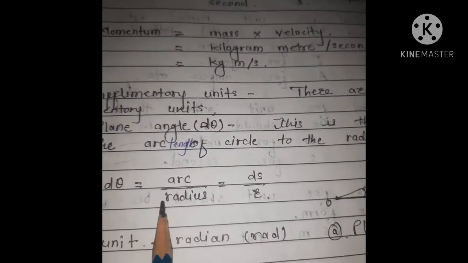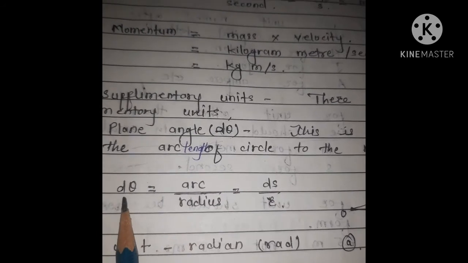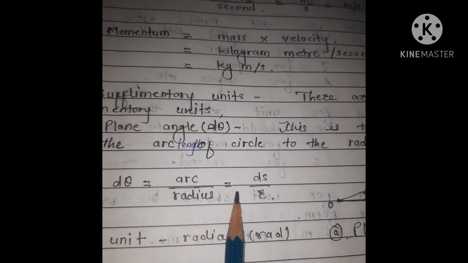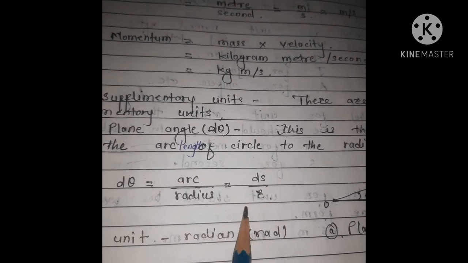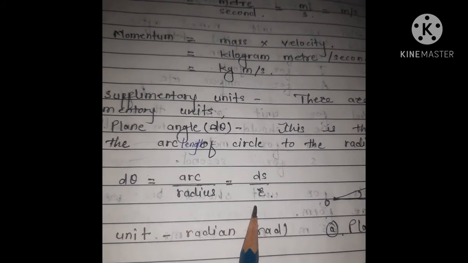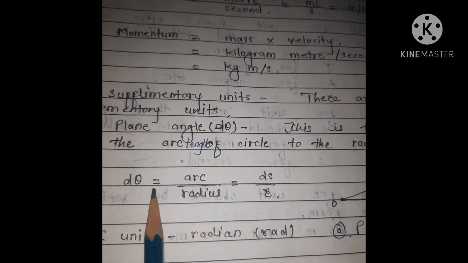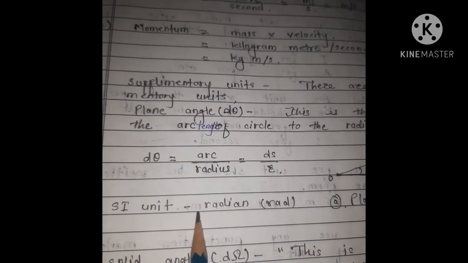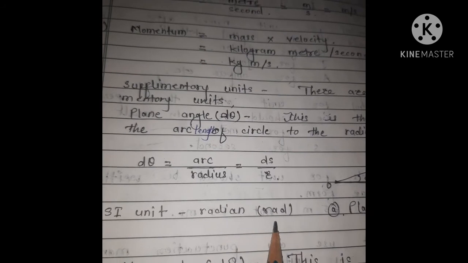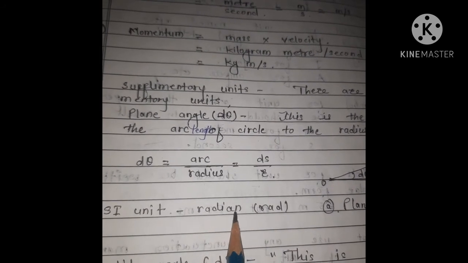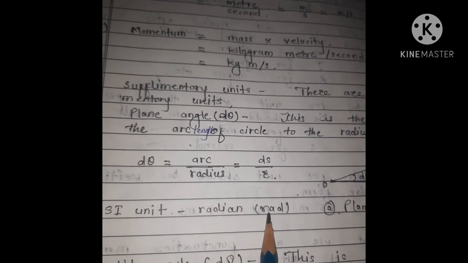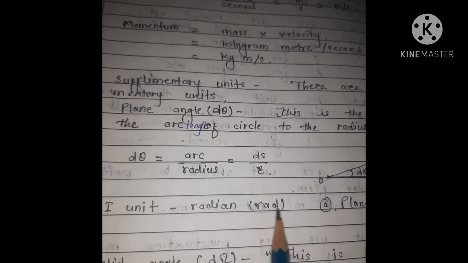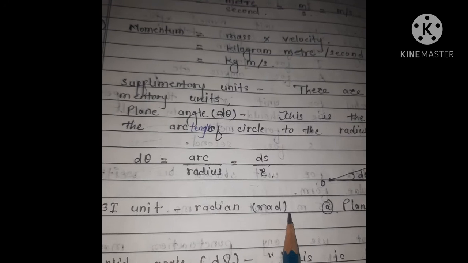Therefore we have written here d theta is equal to arc upon radius, which is equal to ds by small r, and its unit of plane angle is radian. Full name is radian, and symbolically we can represent by small rad.